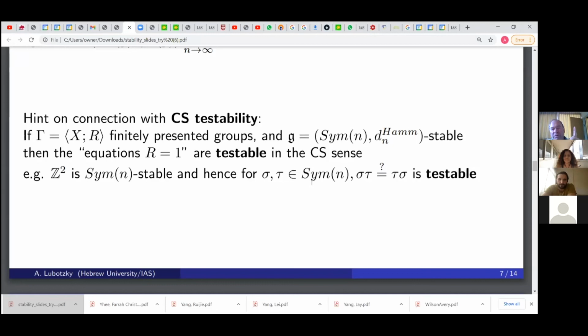In the normalized Hamming metric, it means that if somebody chooses i between 1 and n randomly, then with high probability sigma of tau of i is equal to tau sigma of i. With very high probability, say 99%, that will hold. And the question is, can you change the permutations a little so that it will hold 100 percent of the time?